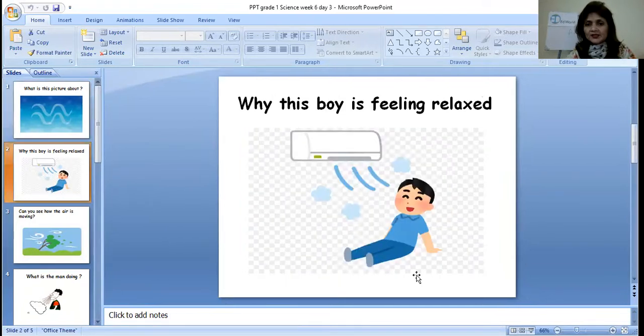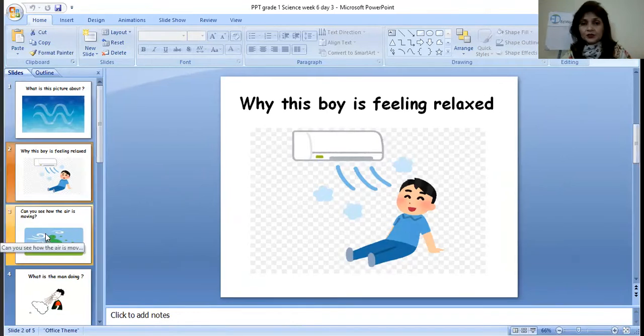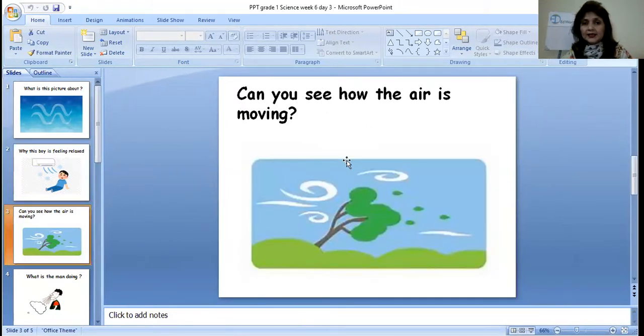Because he's getting air from the air conditioner, the AC, right? Can you see how the air is moving in this picture? Yes, because you can see how the trees are moving. This tree is bending downwards because of the pressure of the air, right?